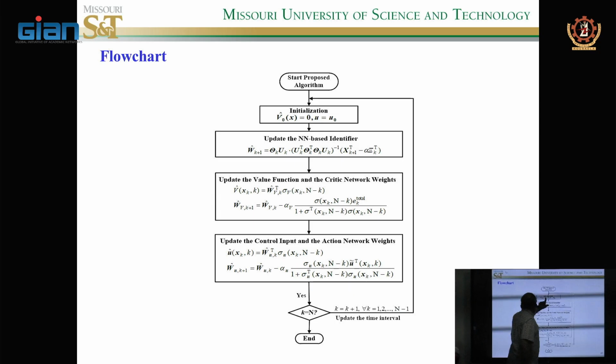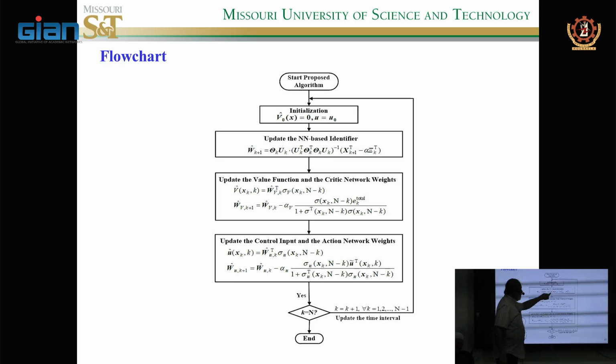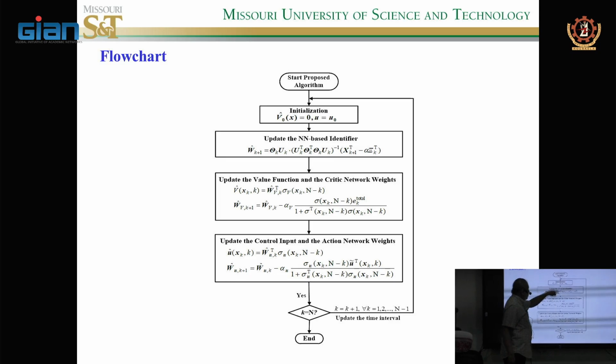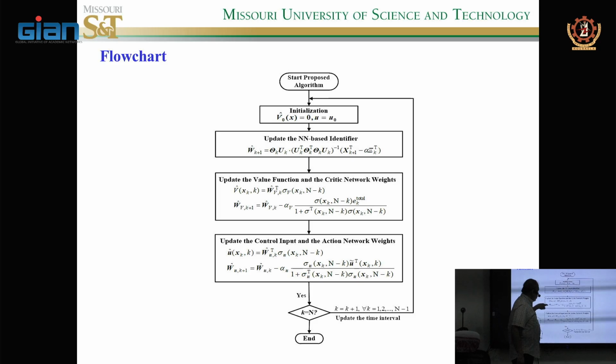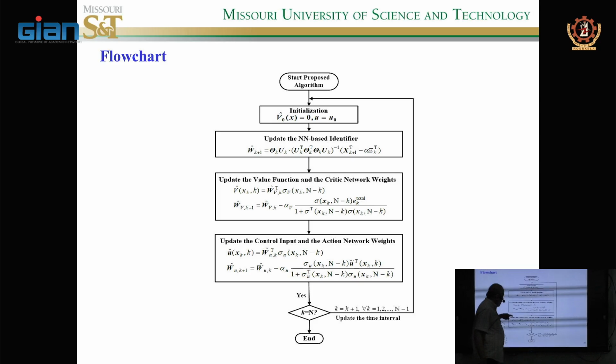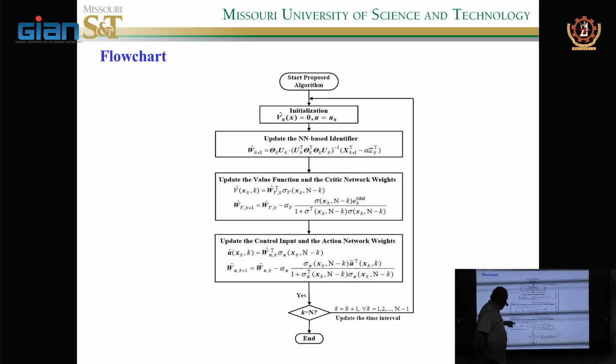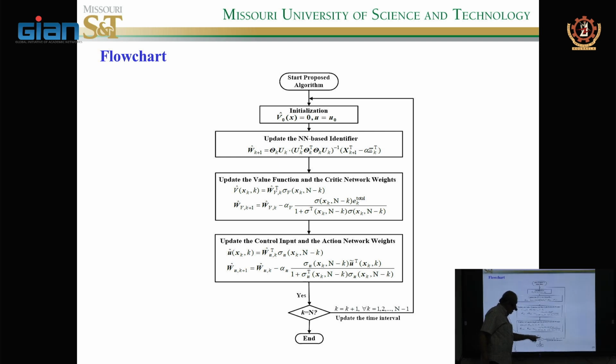You have the initialization, you update the identifier, use the information, you get the value function, the critique updates, you compute the control input, the actor updates, and then you check the time whether you reach the final or not. You apply the control input, increase the time to k plus 1, and you go back.